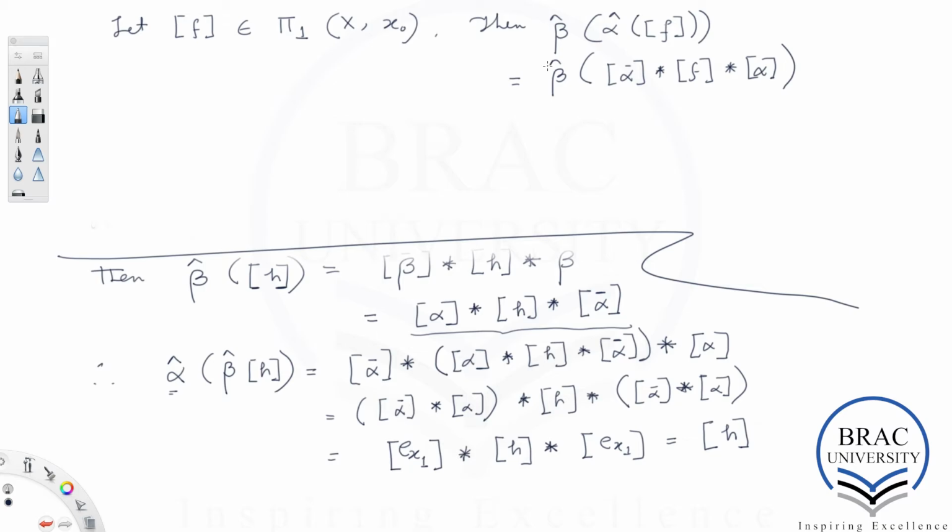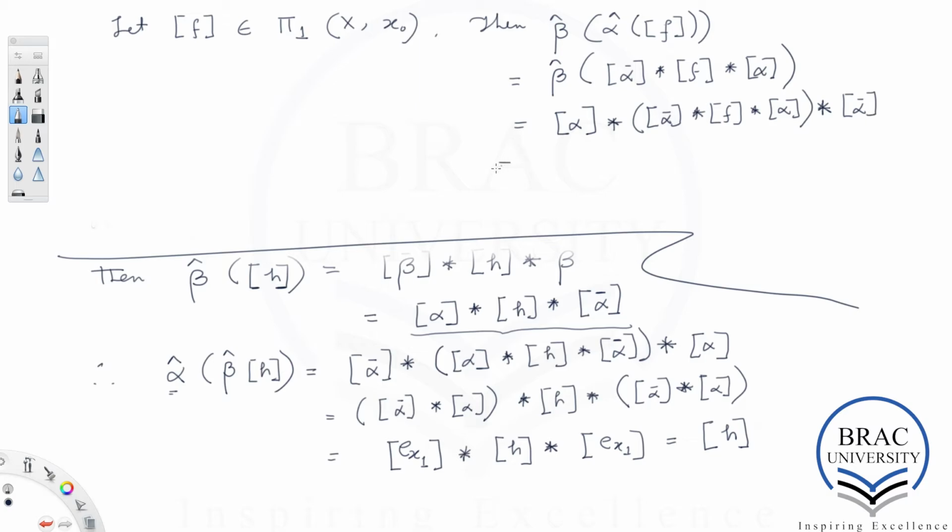And by the definition of beta bar, this is going to be alpha star this whole thing, alpha bar star f star alpha, then star alpha bar.